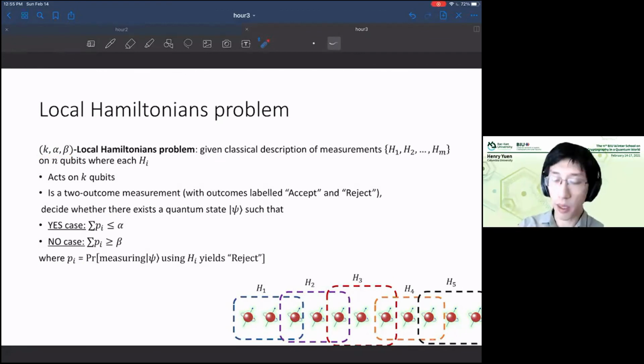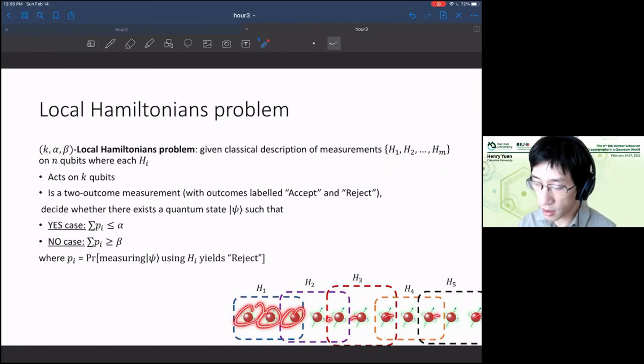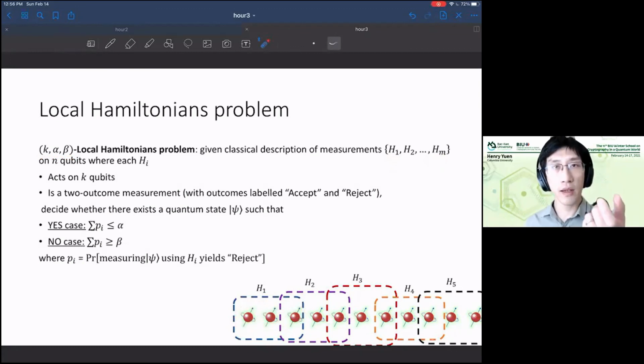The input to the problem is a description of a bunch of measurements, H1 up to HM. These measurements all act on n qubits. They refer to an n qubit system. But each of the measurements, Hi, only acts on K of them, a subset of K.